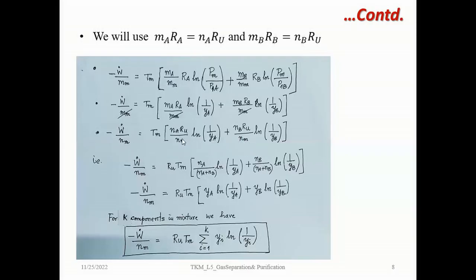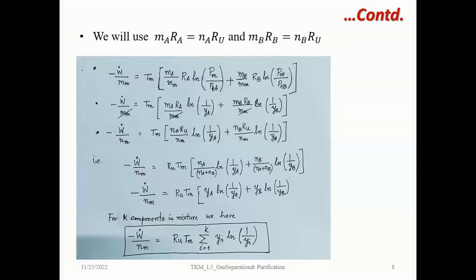Total number of moles NM is nothing but the number of moles of A plus the number of moles of B. That's what you have written here. Now we see minus W dot by NM is equal to, and RU can come out of this expression.